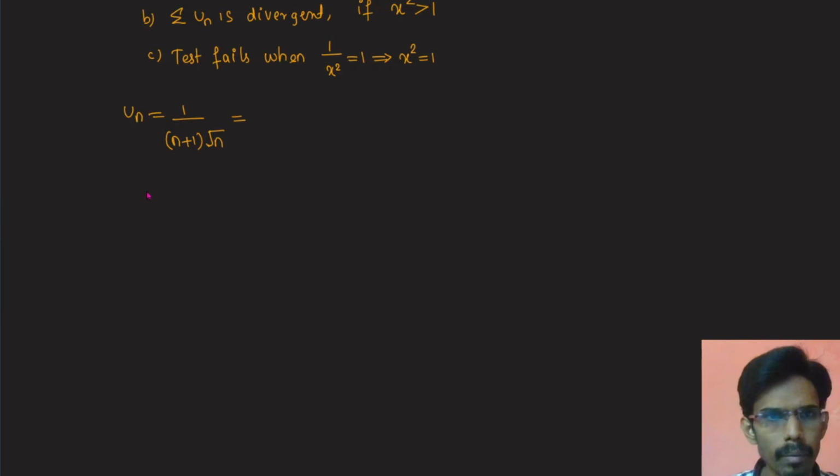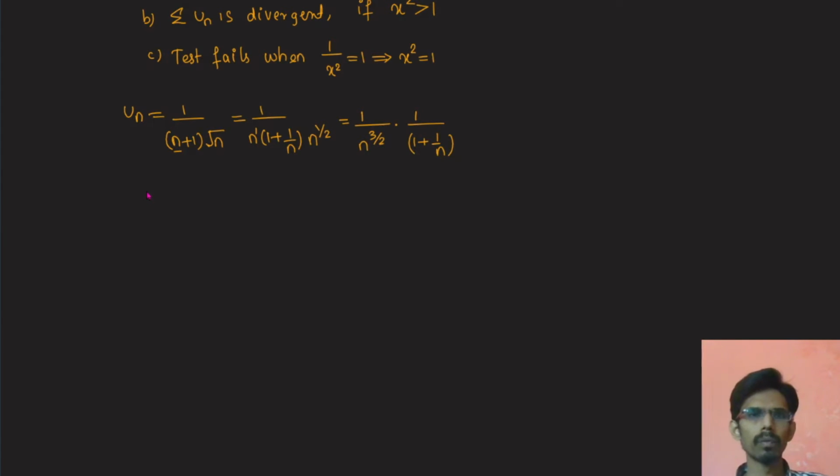Now this can be written as 1 by, take this n common, we have n into 1 plus 1 by n. Root n can be written as n power 1 by 2. So here we have n power 1, n power 1 by 2. So bases are same, powers should be added. 1 plus 1 by 2 will be 3 by 2. 3 by 2 into 1 by 1 plus 1 by n.